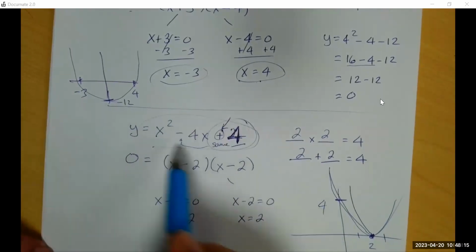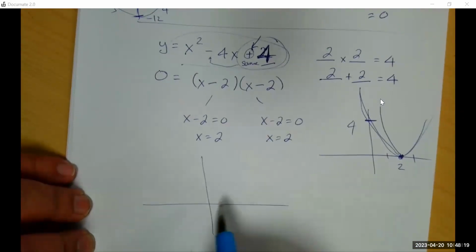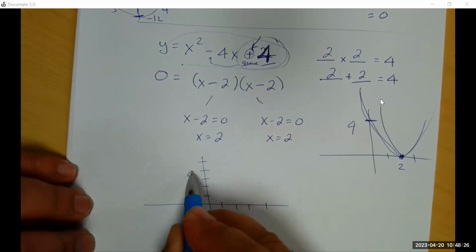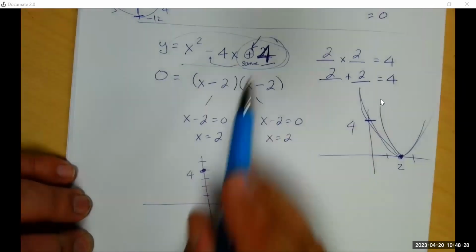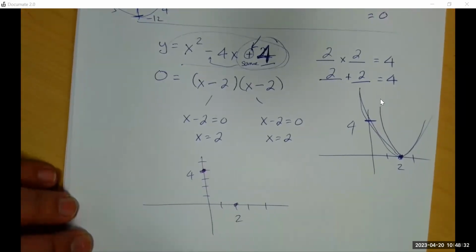Actually, we can draw these graphs a lot better. We know it crosses or touches the x-axis at 2. It crosses the y-axis at 4 because it's constant. We know one more point.